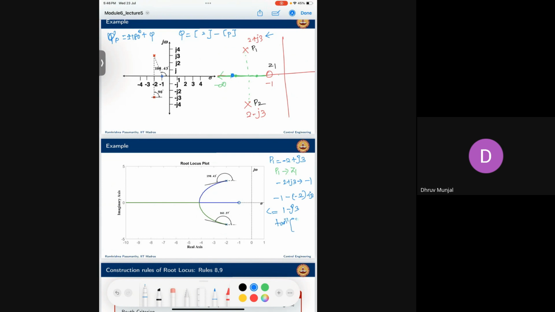If I do a tan inverse for this, 3 by minus 1, tan inverse of minus 3 would give me, I'm calculating it, minus around minus 71 I'm getting.